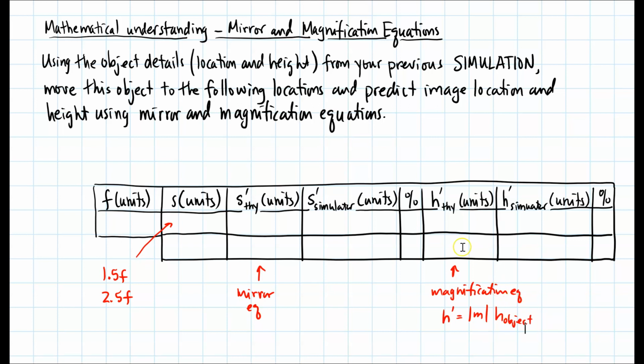That's how you would calculate this, and then get a percent difference between the two. Then of course answer the question, how did you do? If the percent difference is a small value, then you feel pretty good about it. If it's large, then you probably did something wrong. Go back and fix it.